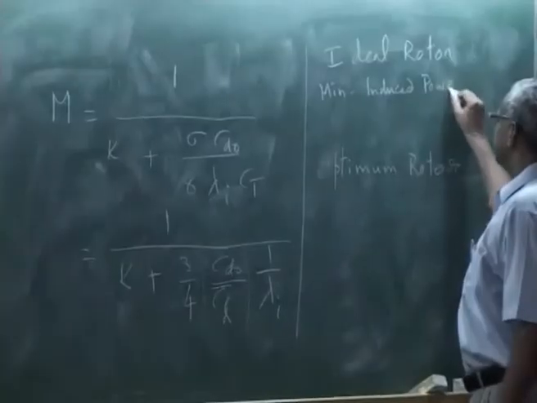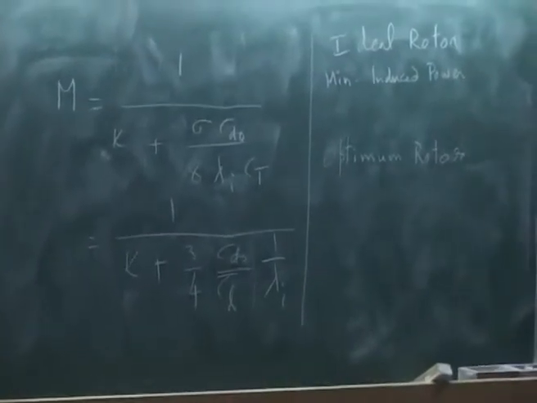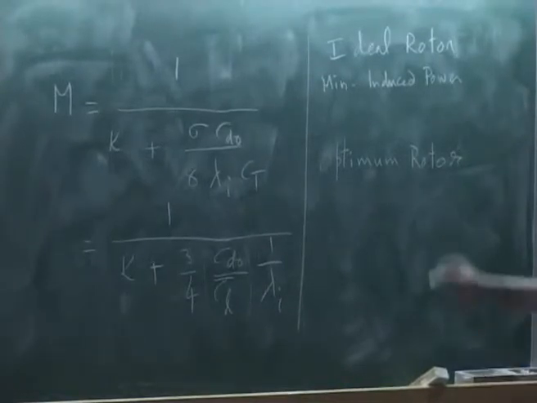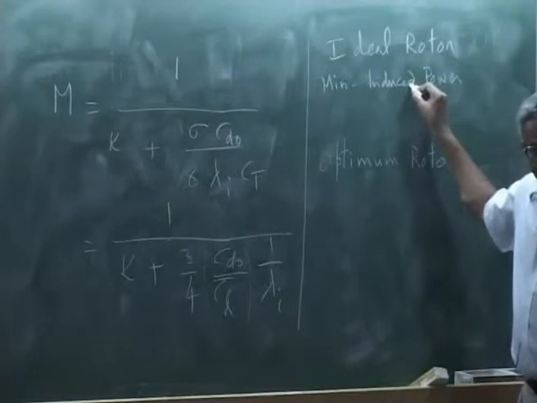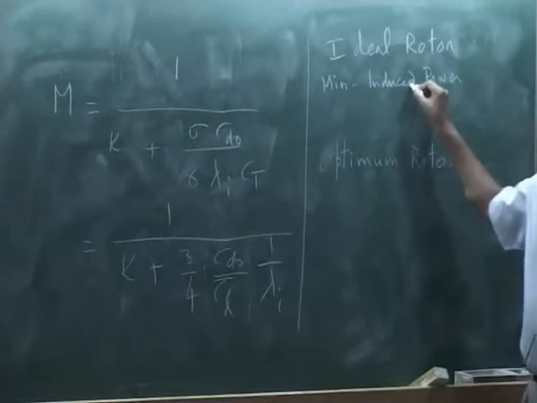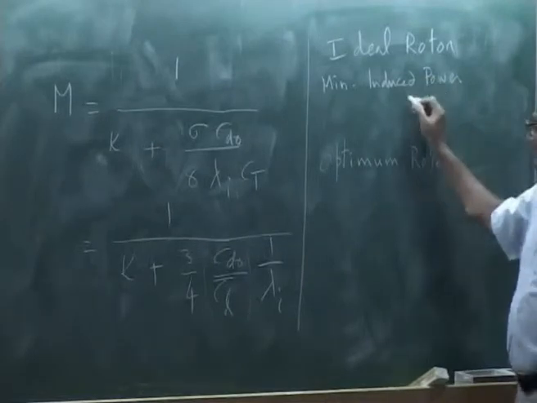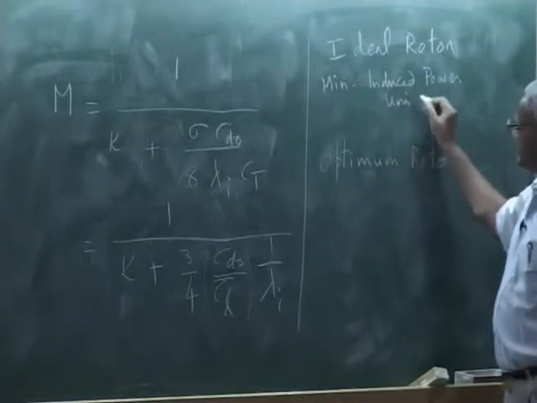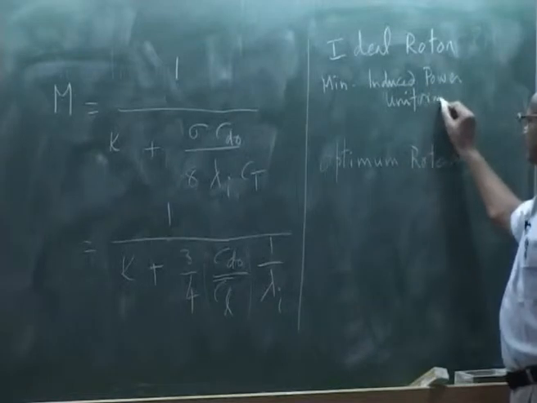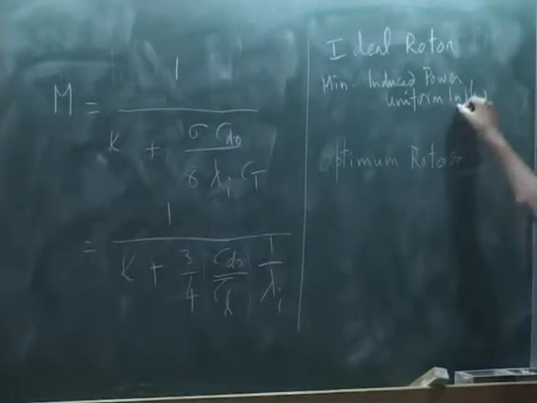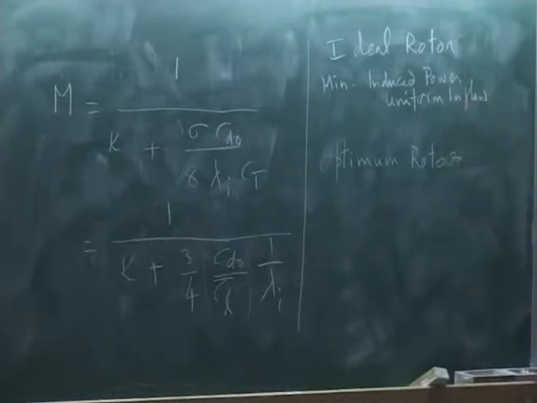That means you will have it only when you have constant inflow, that is, this implies you have uniform inflow over the disk. So, you may put uniform instead of constant, I will say uniform inflow. And this will give you ideal twist.